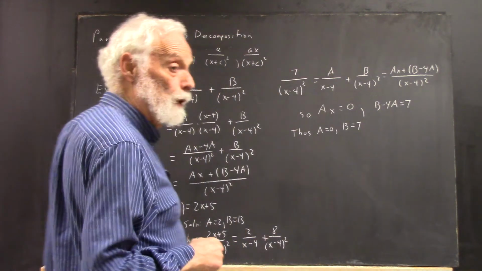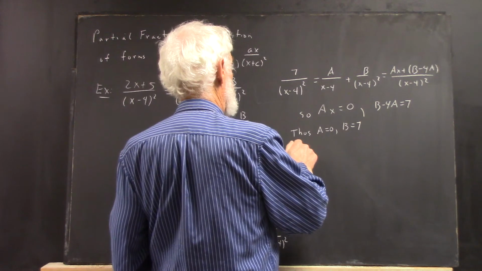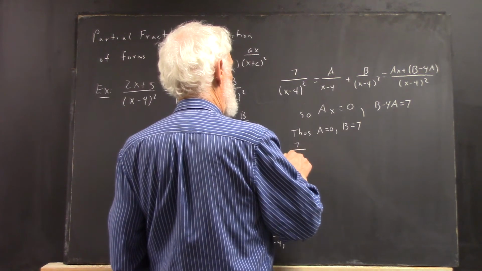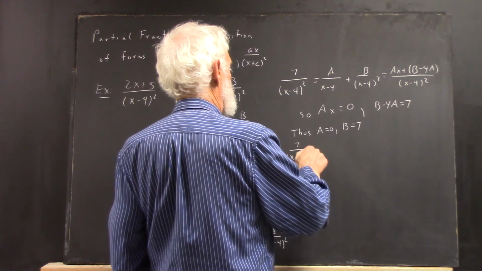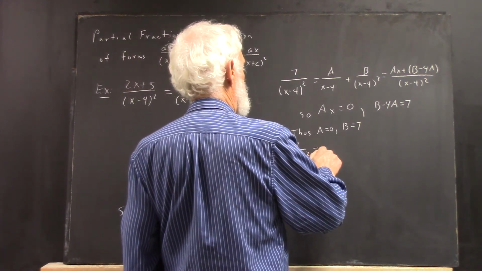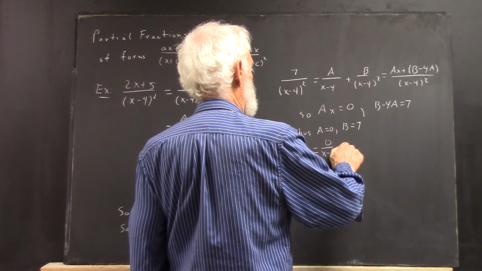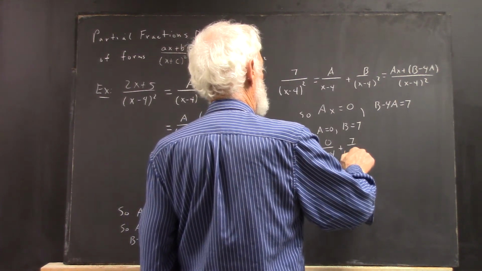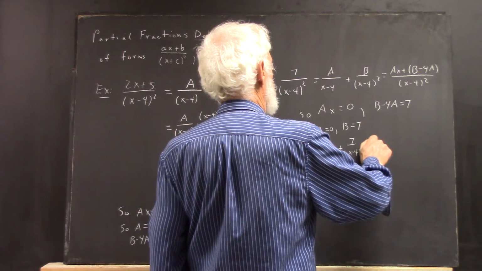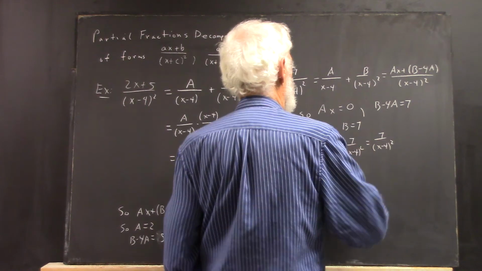And our partial fraction decomposition just becomes 7 over x minus 4 quantity squared equals 0 over x minus 4 plus 7 over x minus 4 squared, which is just 7 over x minus 4 squared.